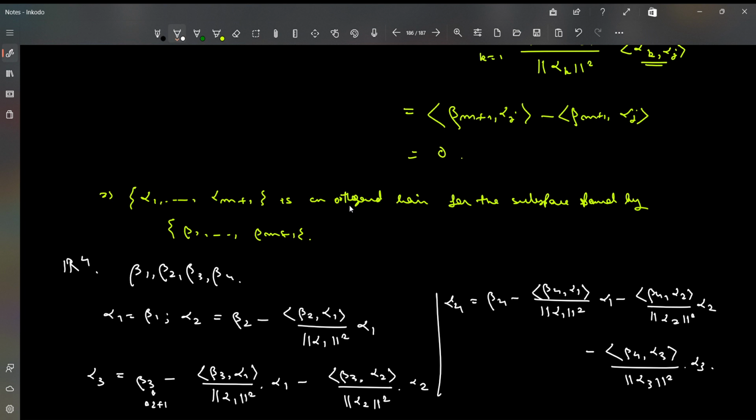Got it? So this is the way we can expand out the Gram Schmidt orthogonalization process in order to construct each orthogonal element of an orthogonal basis, provided a basis is already given to us.